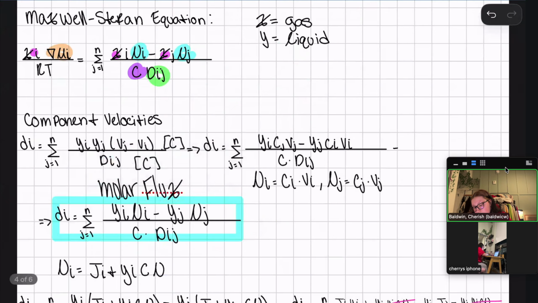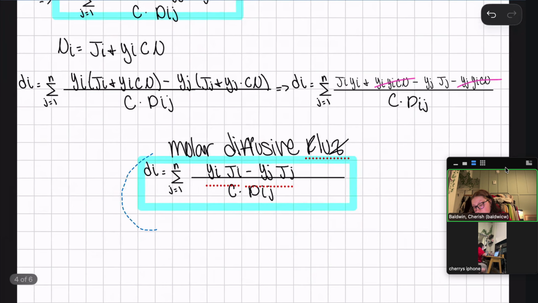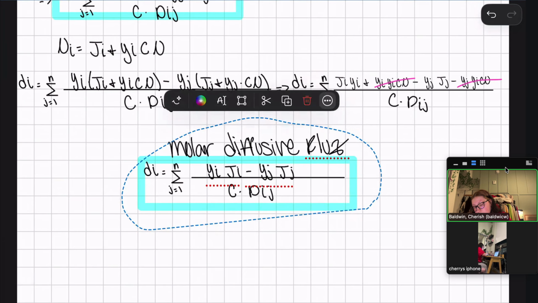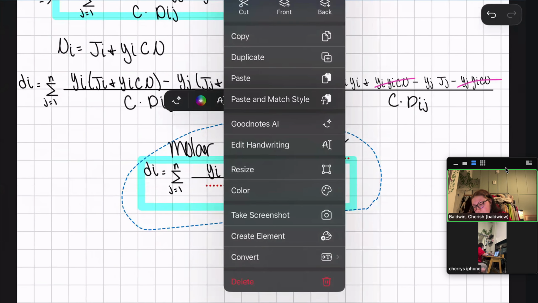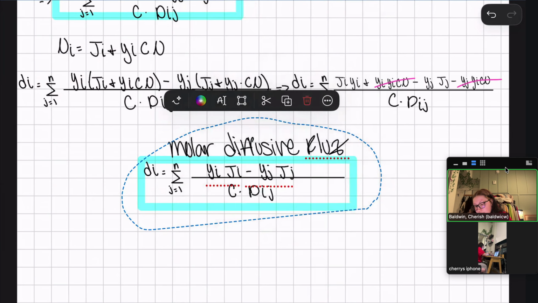We're going to take the molar diffusive flux equation. Copy this.